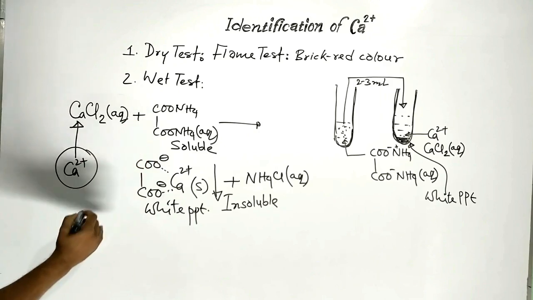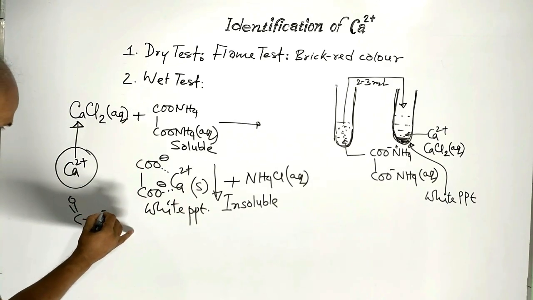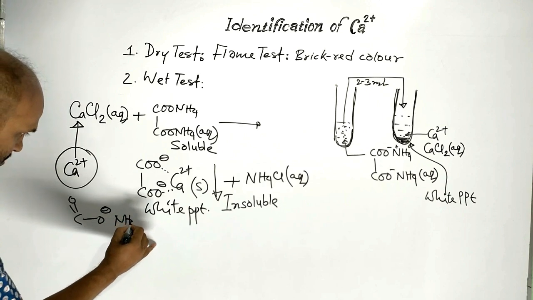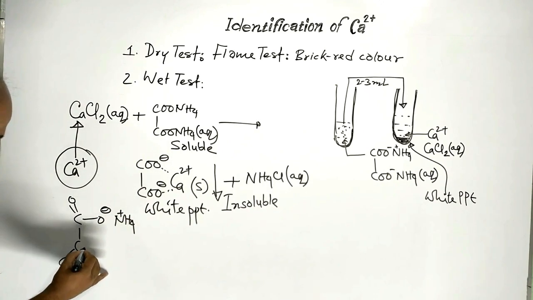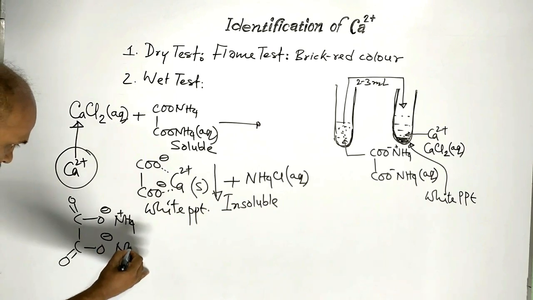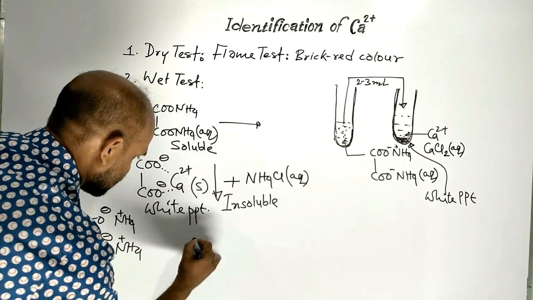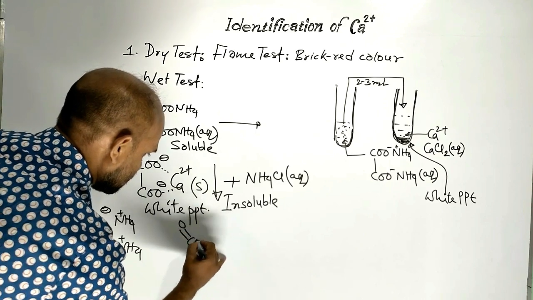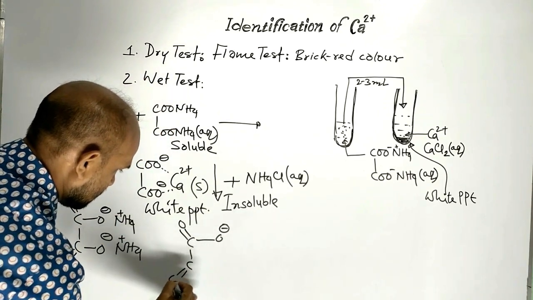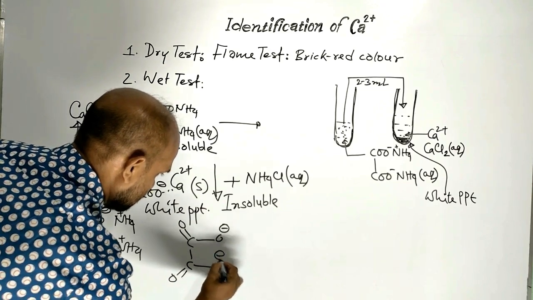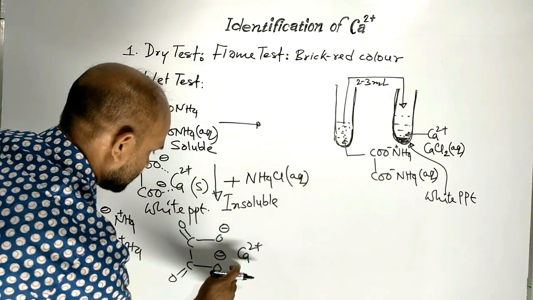Here, calcium oxalate, ammonium oxalate. Now, in calcium oxalate, calcium has 2 plus charge.